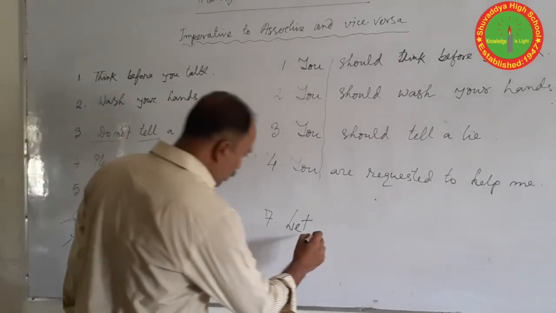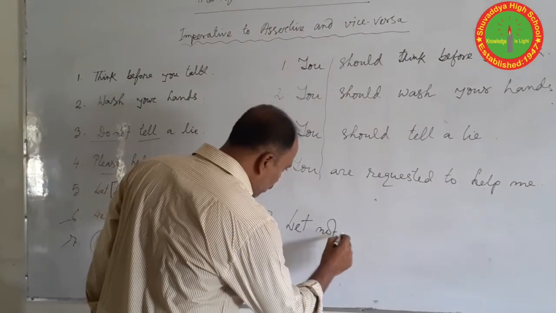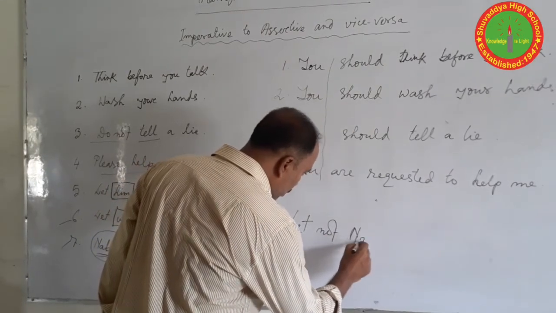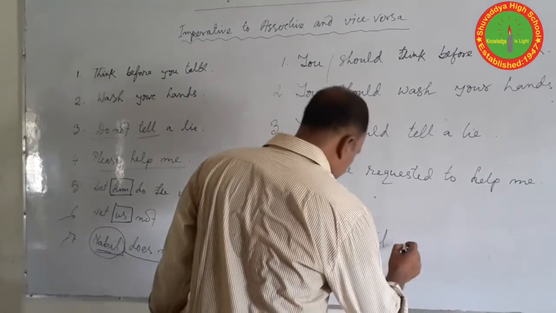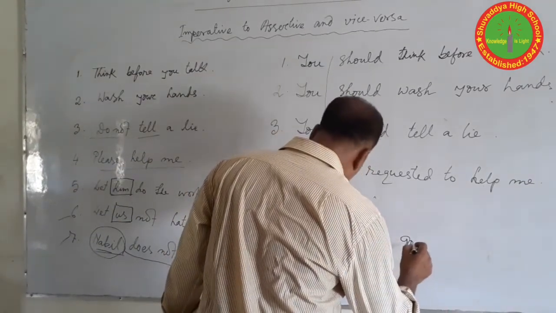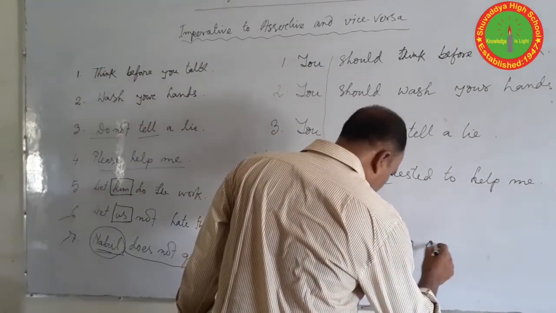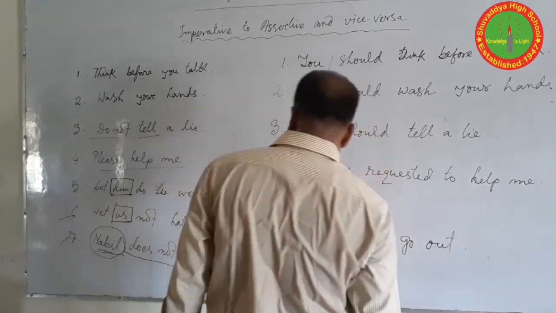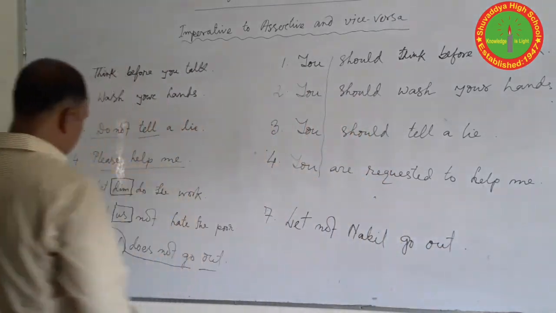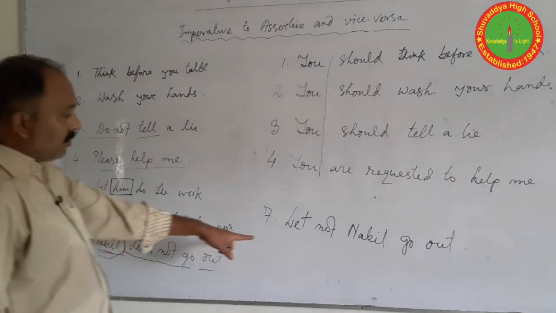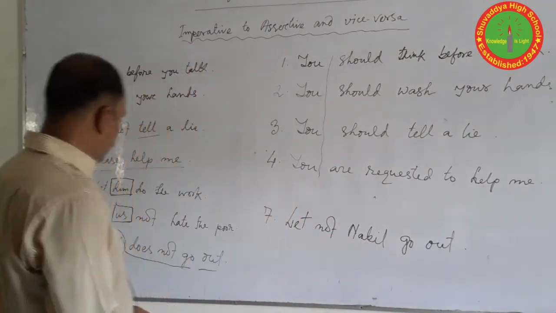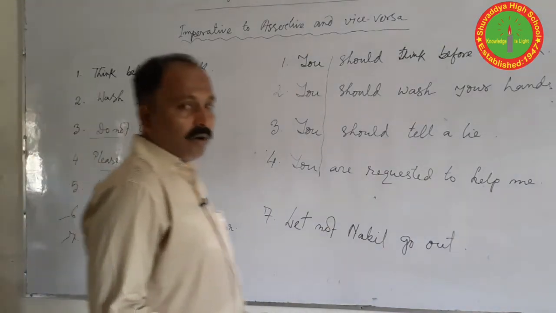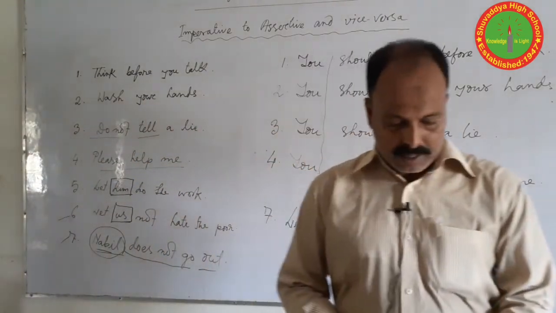So we should use let not Nabil go out. We should not use yes or no in the imperative sentence, okay? So this is the answer. Let not Nabil go out.